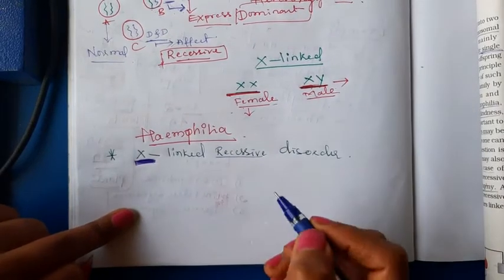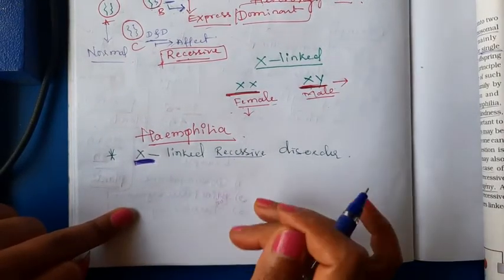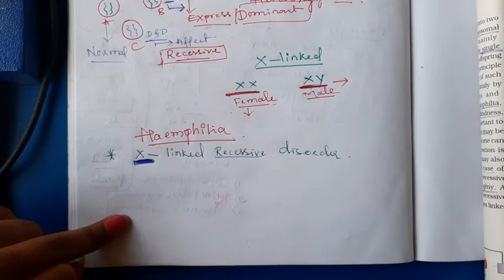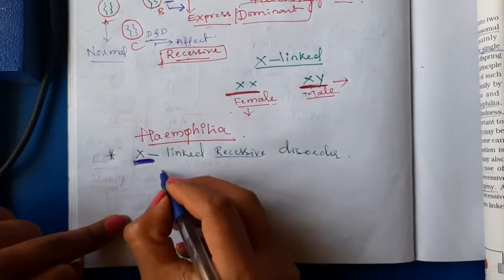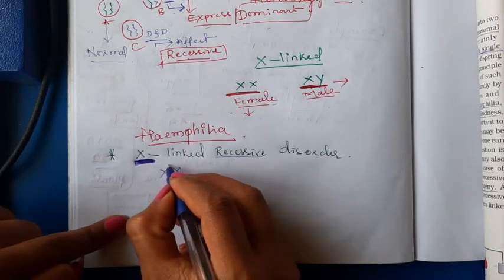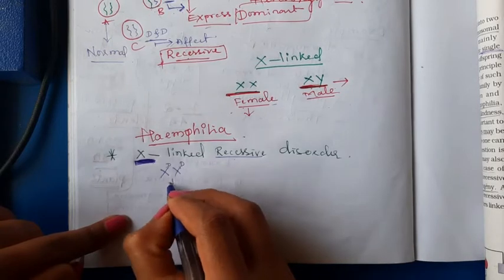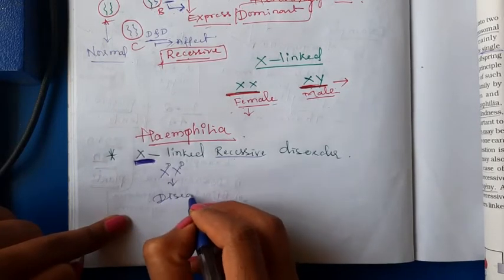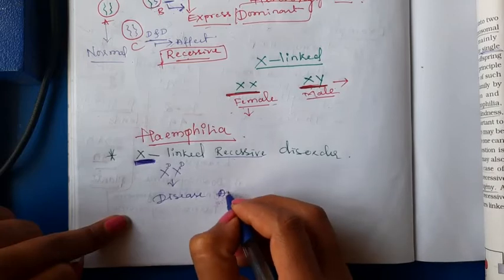X-linked recessive in the sense the disease is going to be expressed only in the homozygous condition. If two X chromosomes are diseased, then only the disease appears in the individual.